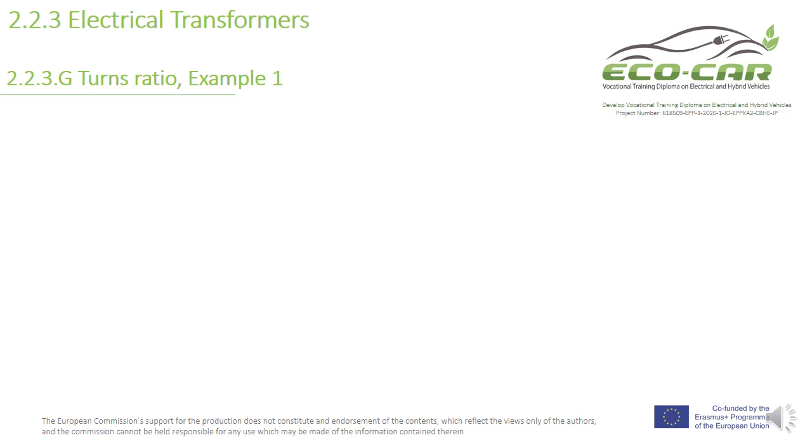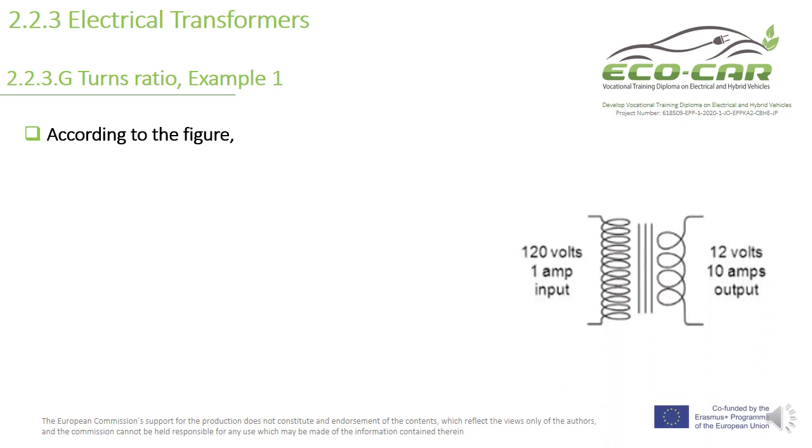Let's take example number one about turns ratio. According to the figure, this shows a step-down transformer. This transformer has an input of 120 volts with 1 amp, and an output of 12 volts, 10 amps.